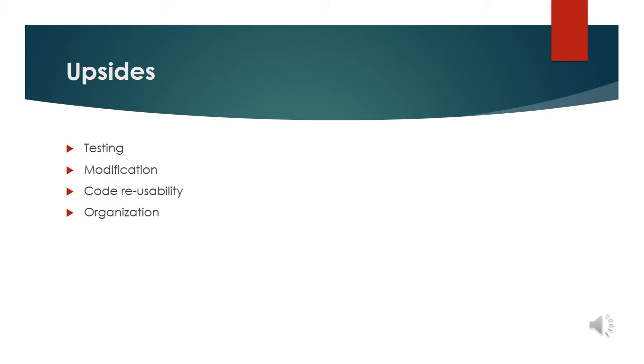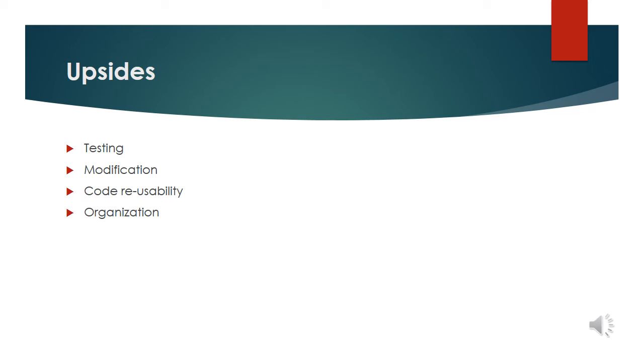Upsides. Testing. Code using the strategy design pattern is easier to test because, in general, the code segments are more independent of each other. Modification. It is easier to add new algorithms to code using the strategy design pattern because you can just make a new class for the algorithm you want to use, and often you won't have to make any changes to the base class.